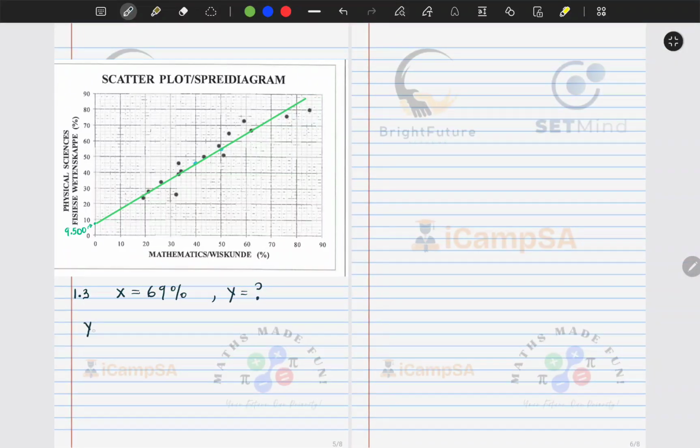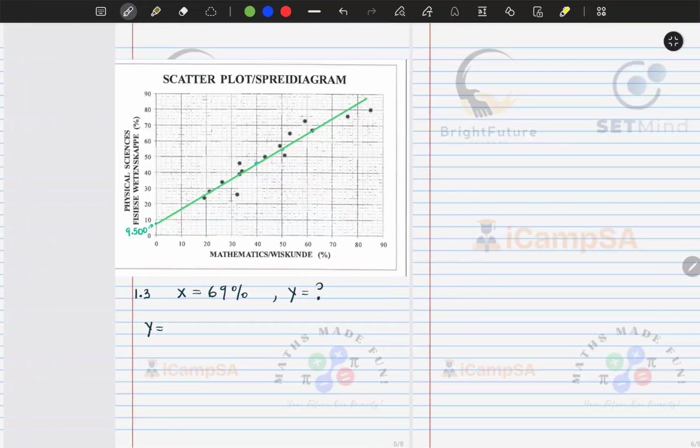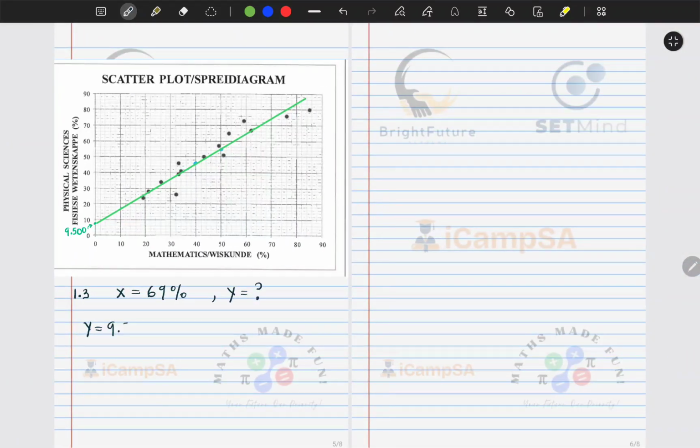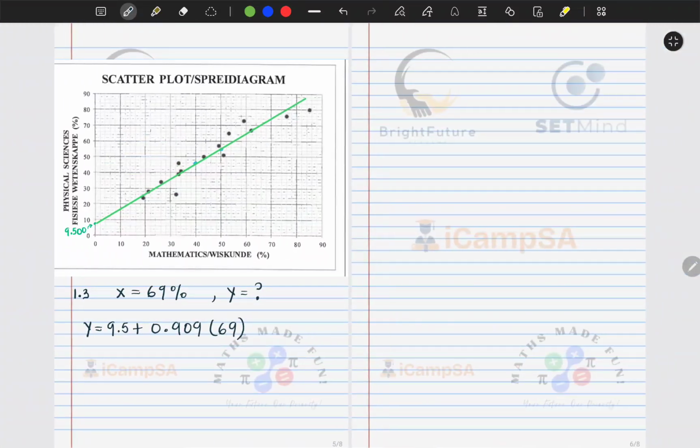So we are going to have y equals, if you look at our equation, 9.5 plus 0.909 times 69. Is it a 69? Yeah. And then I'm going to go to my calculator and quickly punch this.